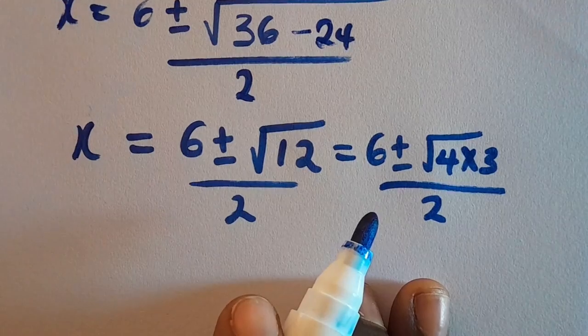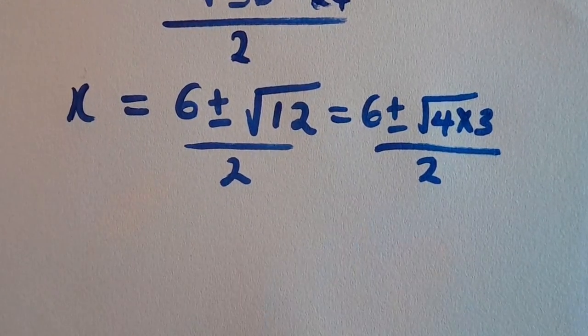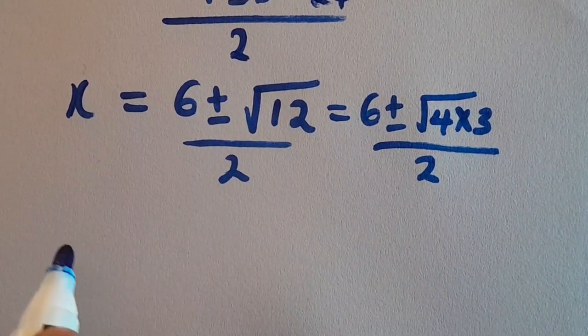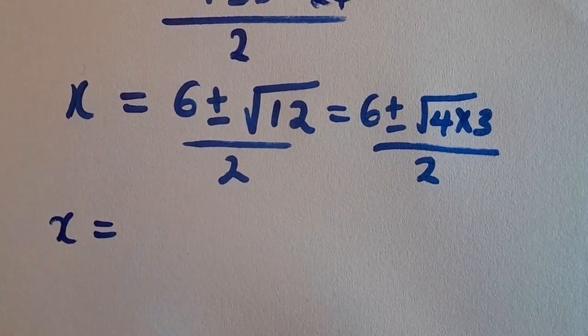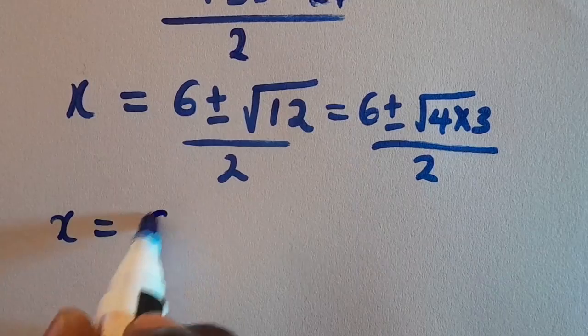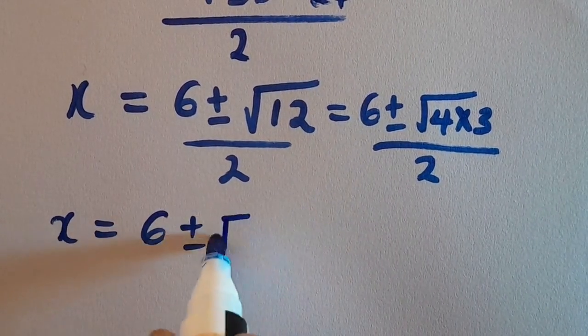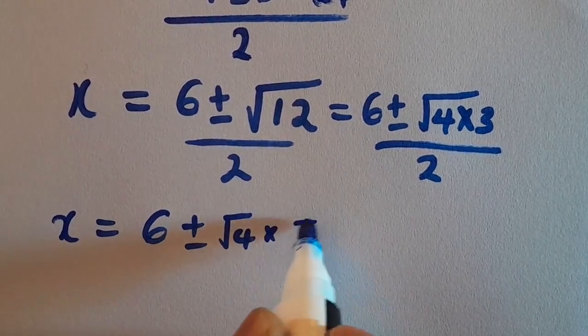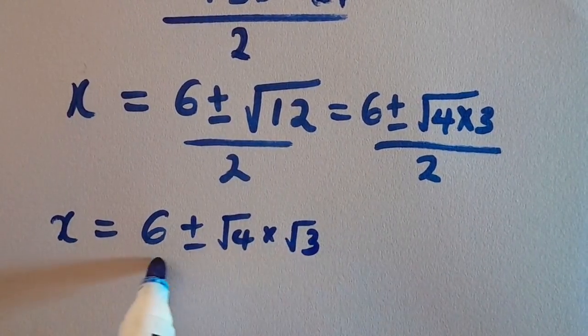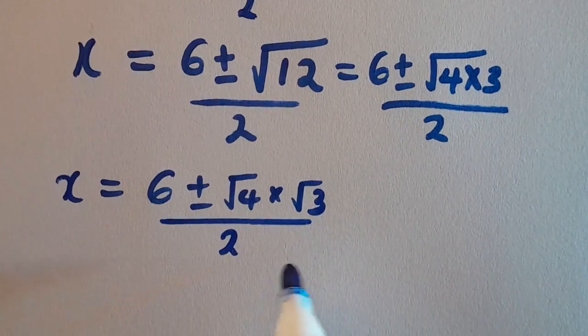So from here guys, we have our x equals 6, positive or negative, root 4 multiplied by root 3 divided by 2.